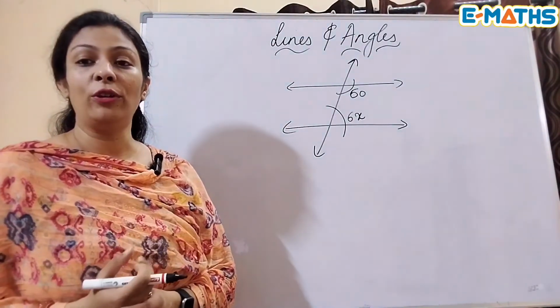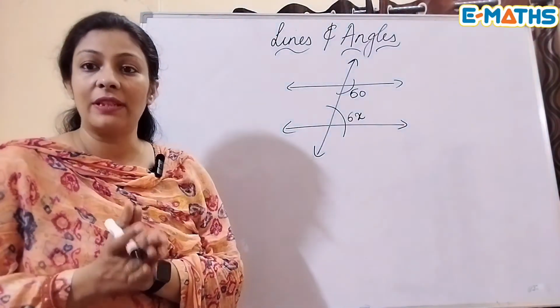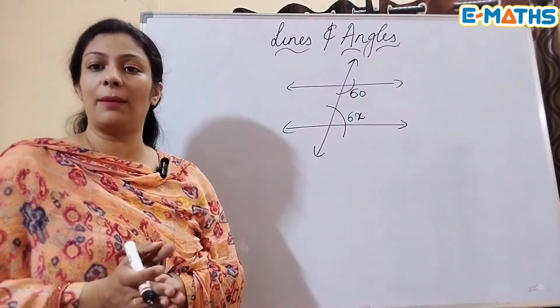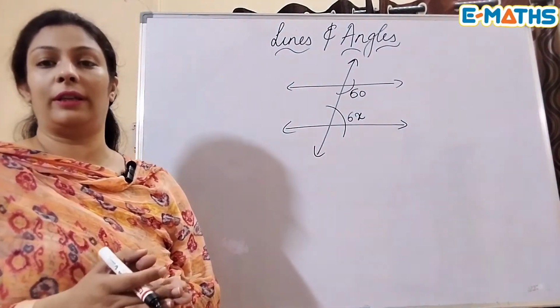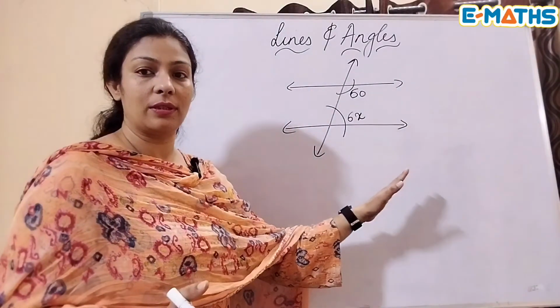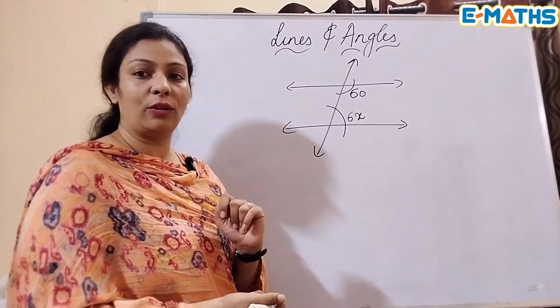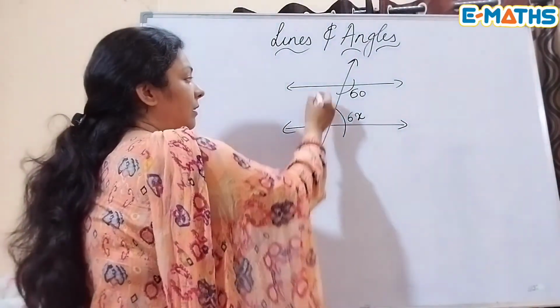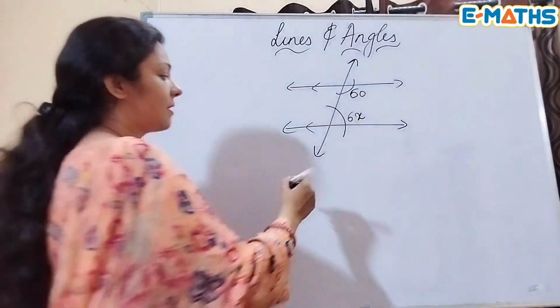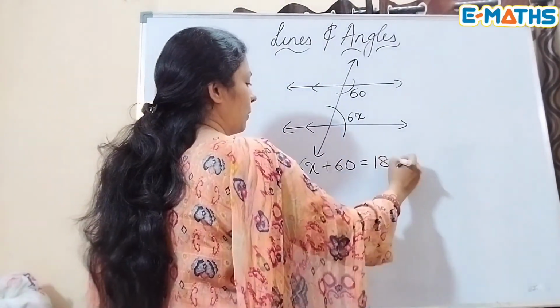Alright, now I would like to talk about the co-interior angles, which is the only pair of angles which is not taken as equal, but the sum of those two angles equals 180. As I told you, co-interior angles are on the same side of the transversal and in between the two lines. So we have these two angles, they are co-interior angles, and the lines are parallel. So we can take their sum as 6x plus 60 equals 180.